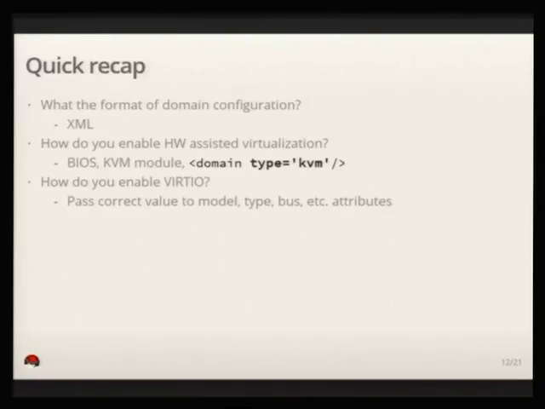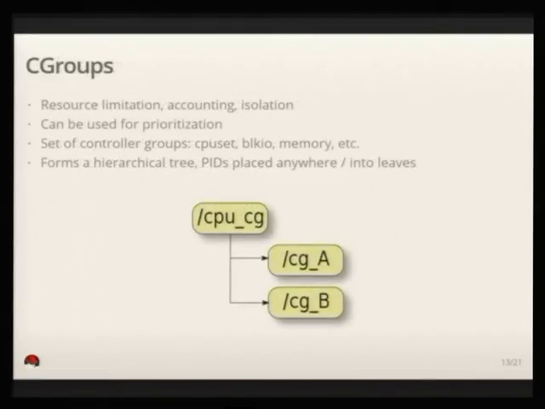So now I will explain some primitives in the Linux kernel that libvirt uses when it comes to slightly complicated stuff, and it's cgroups. So cgroups are a feature of the Linux kernel that allows you to either limit or count or basically just isolate some resources that hosts have.